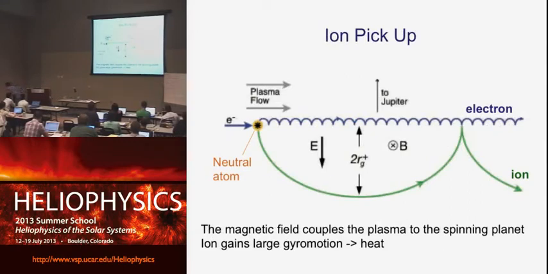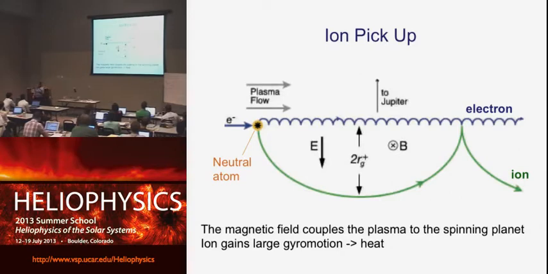Now, what happens when you ionize a neutral? Well, the neutral was out there in a fairly slow Keplerian orbit, but the flowing plasma is co-rotating with the planet, coming by quite fast. And so as soon as it becomes electron impact ionized, it begins to see an electric field associated with the plasma motion past it and the local magnetic field. So the ion begins to gyrate, with a very large gyro radius and a lot of mass.